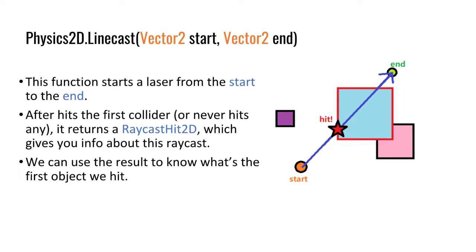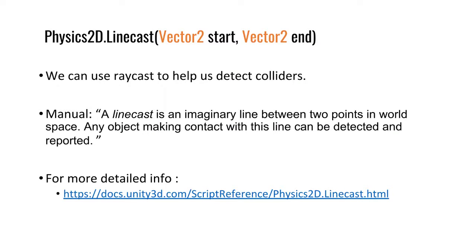Anything that it collides with on its way there is going to be hit and returned as a collision. How we do this in our script is through Physics2D.Linecast. This is just a simple raycast where you have a beginning and an end, and anything in between those two points is going to be returned as a hit.